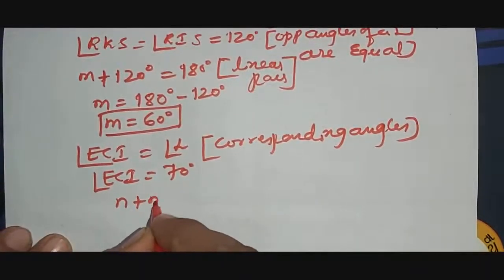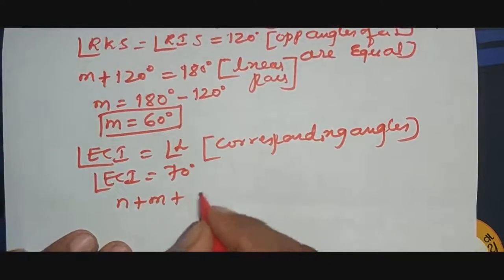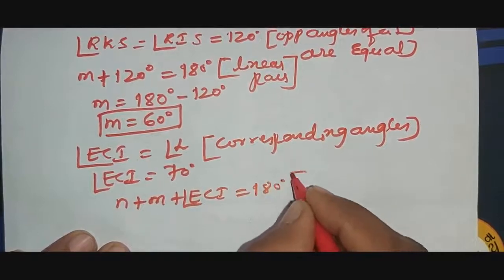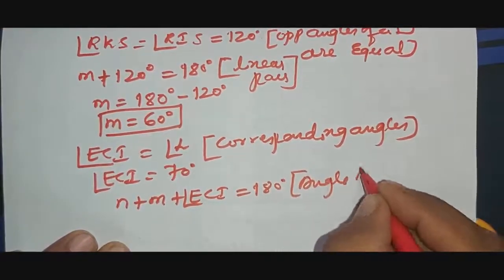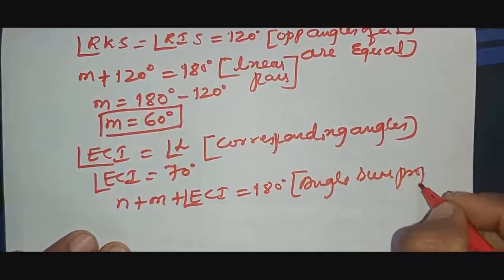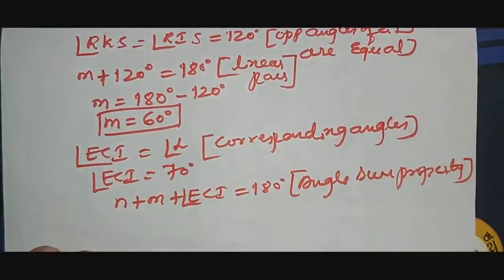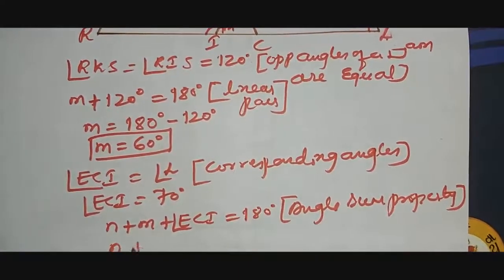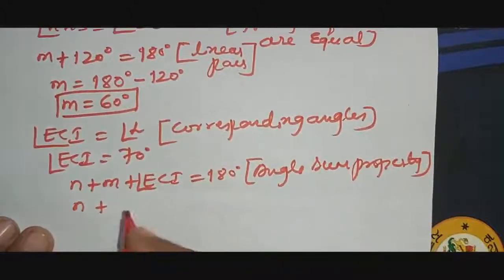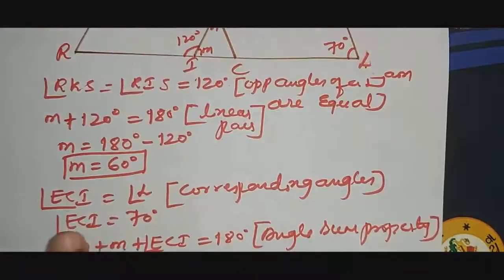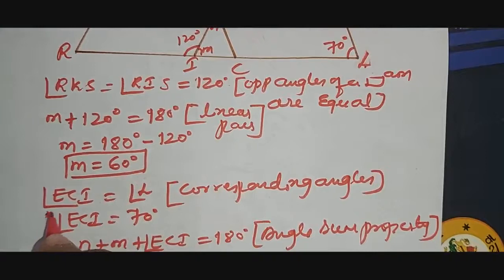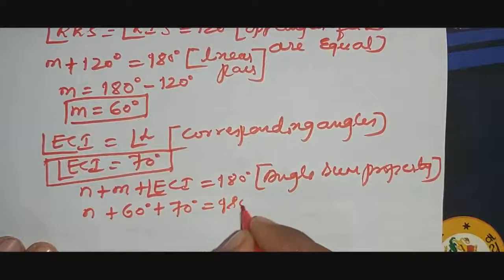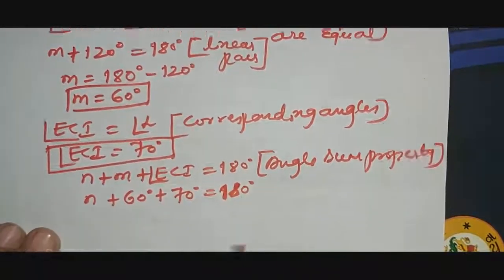N plus 70, that is angle ECR, is equal to 180, so we take the angle sum property. N is unknown, we need to find it. N plus M, which is 60 degrees, plus 70 degrees is equal to 180 degrees.